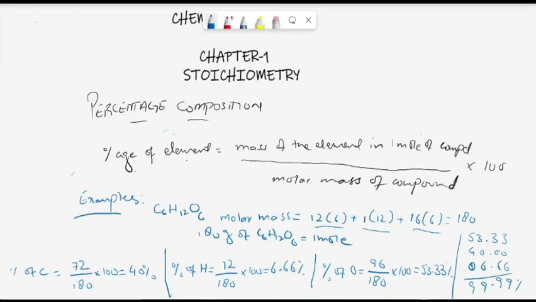So carbon, hydrogen, and oxygen, they all make up 100% of a glucose molecule. So you can solve several other examples using this equation to calculate the percentage composition of a molecule, or to calculate the percent amount of an element present in a molecule.